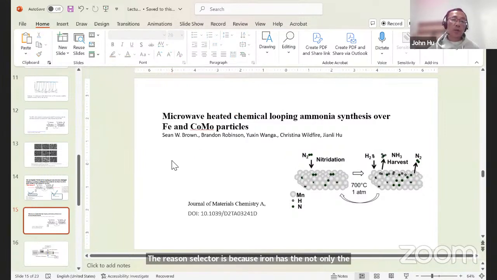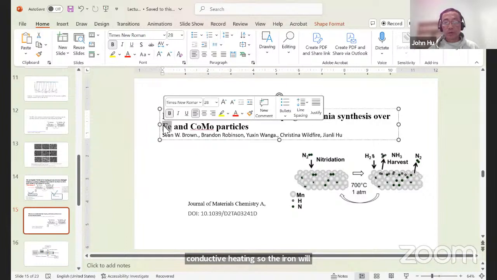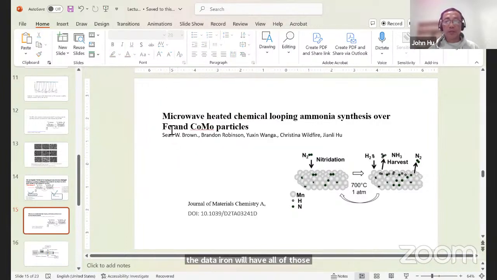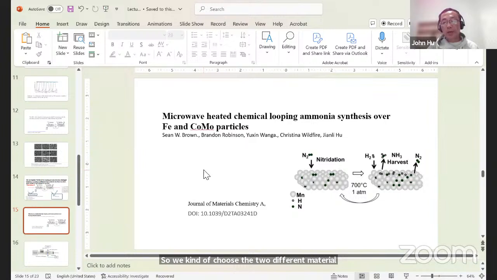If you remember, the microwave interaction with the material goes through dielectric heating, magnetic heating, and also conductive heating. Iron will have all of those, as you will see in the data, because it's very sensitive under the microwave. So we chose two different materials to see how they perform under microwave.